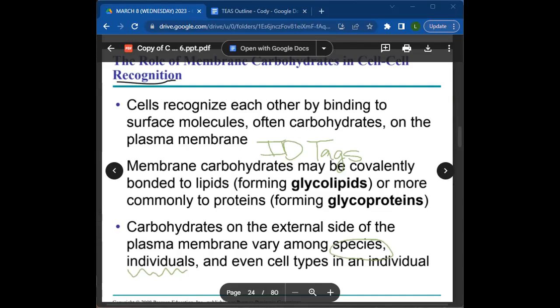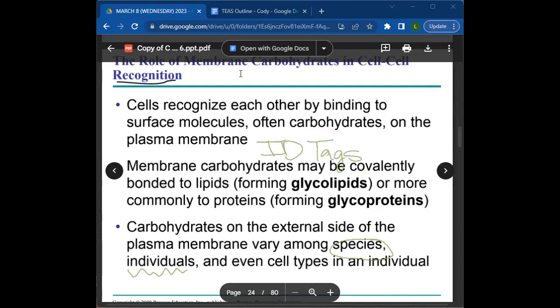On that same note, this is why when we're doing organ transplants, what scientists and lab technicians have to do is what's called type and match, I believe it's called.